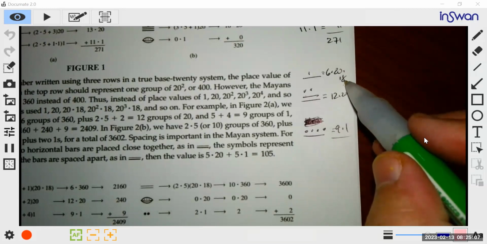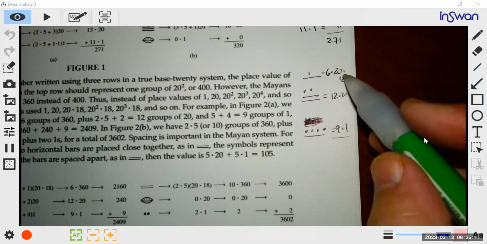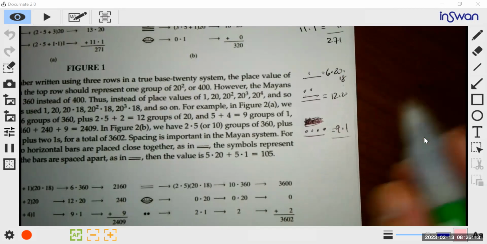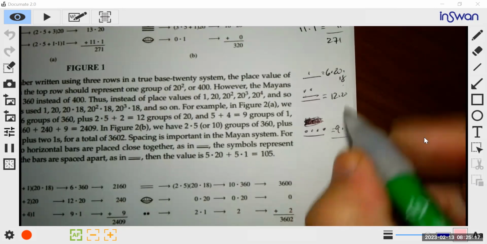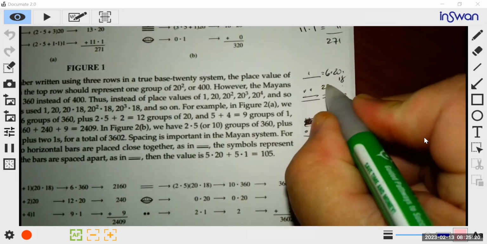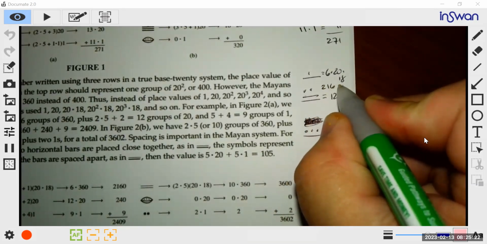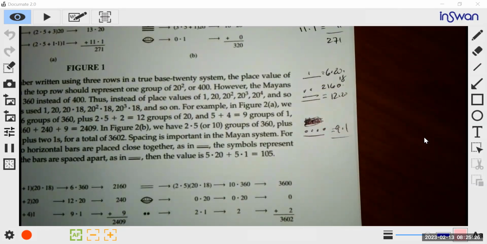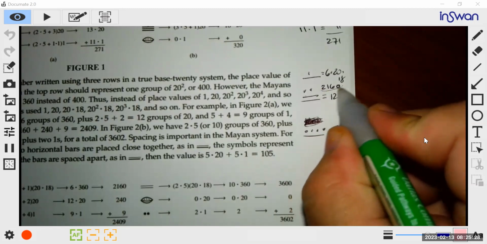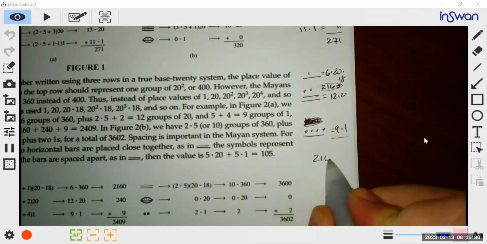So 20 times 18 is 360. 360 times 6 is 2160. That's the top number. So it's 2160.